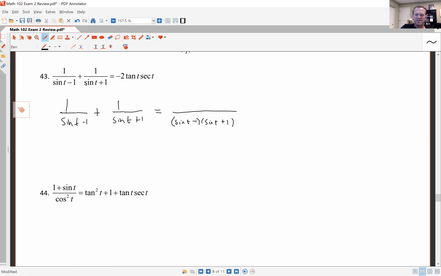So this one's going to have a sine t plus 1, and this is going to have a sine t minus 1. Now, when you FOIL out the sine t minus 1 times the sine t plus 1, you're going to be left with sine squared t minus 1.